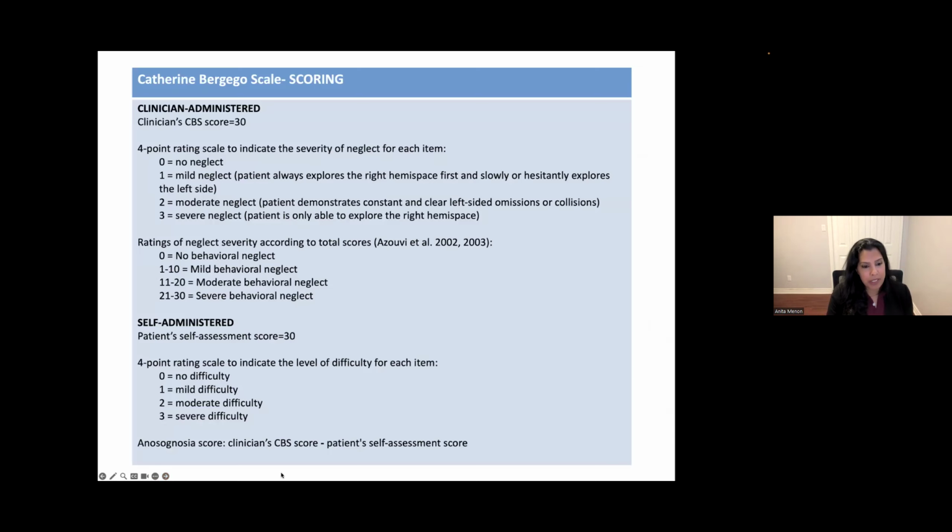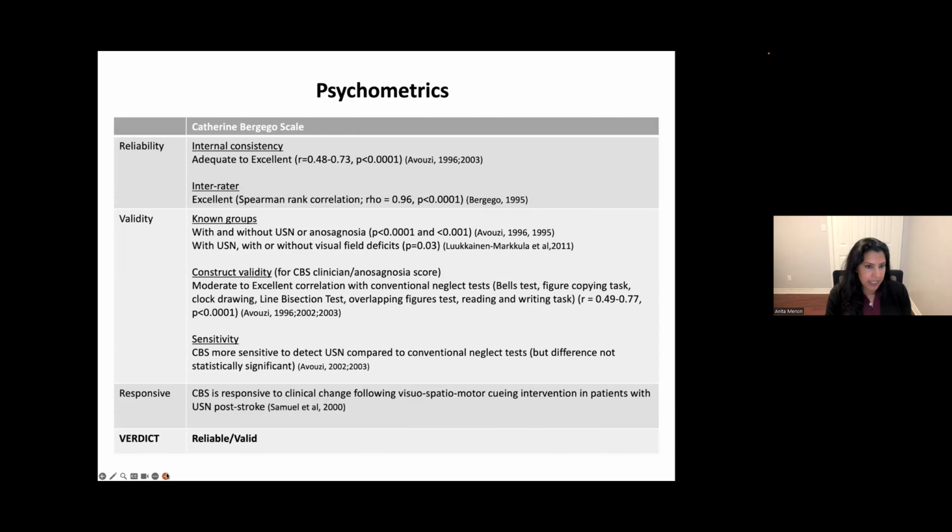And so here's the scoring procedure that I just wanted to include in the slides about the Catherine Bergego scale. So fairly quick to score in terms of just rating their level of difficulty for each of the items, and just in order to identify or assess the presence of neglect and the extent of the neglect.